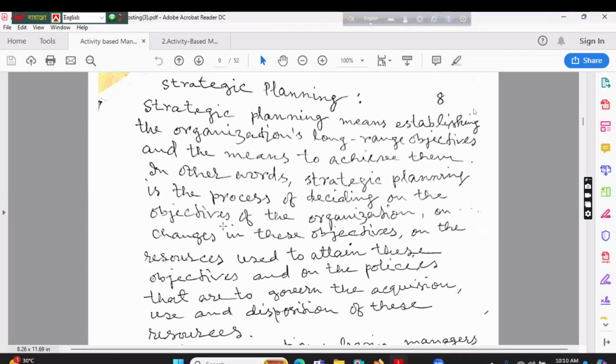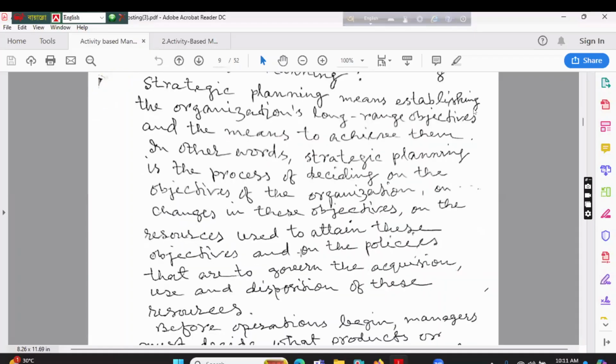In other words, strategic planning is the process of deciding on the objectives of the organization, on changes in these objectives, on the resources used to attain these objectives, and on the policies that are to govern the acquisition, use, and disposition of these resources.